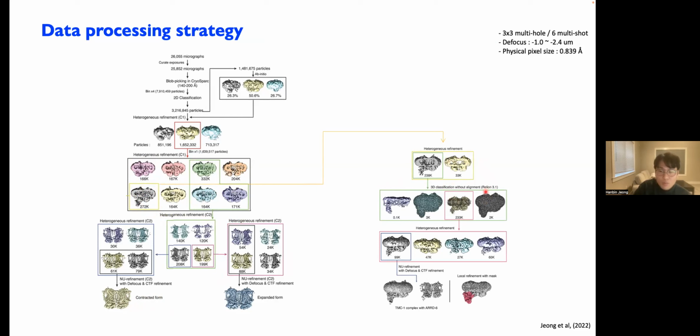And after one more round of heterogeneous refinement in CryoSPARC, we finally got homogeneous particles with this feature. And to improve the extra density, we did local refinement with a mask covering the extra density on the cytosolic base.